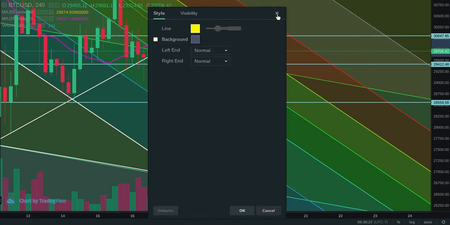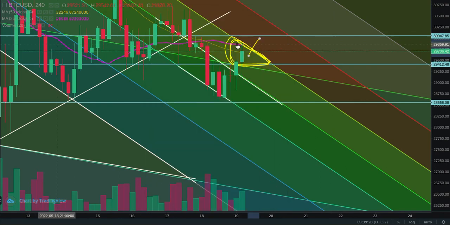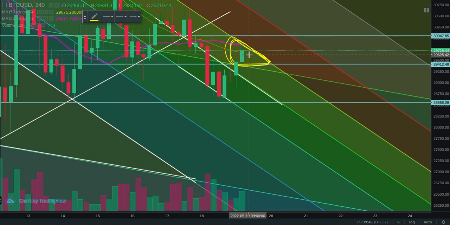Let me redo this. So it's either gonna come out of here, retest, and then go up, or we're gonna break out of here, retest, and then go down.